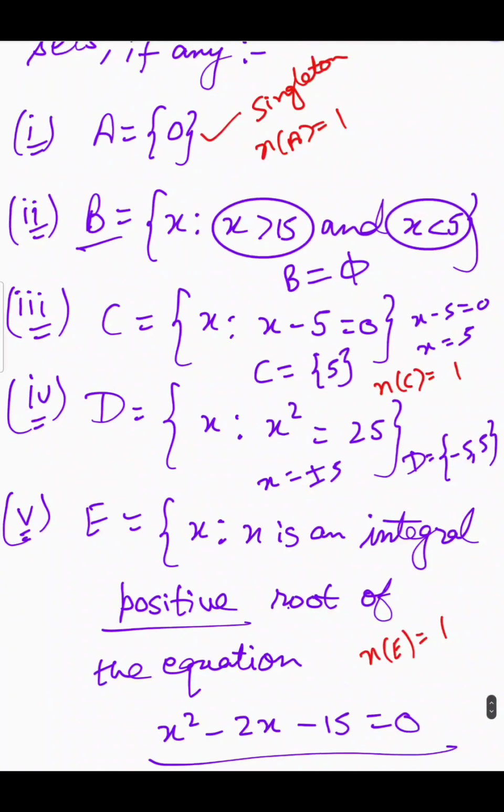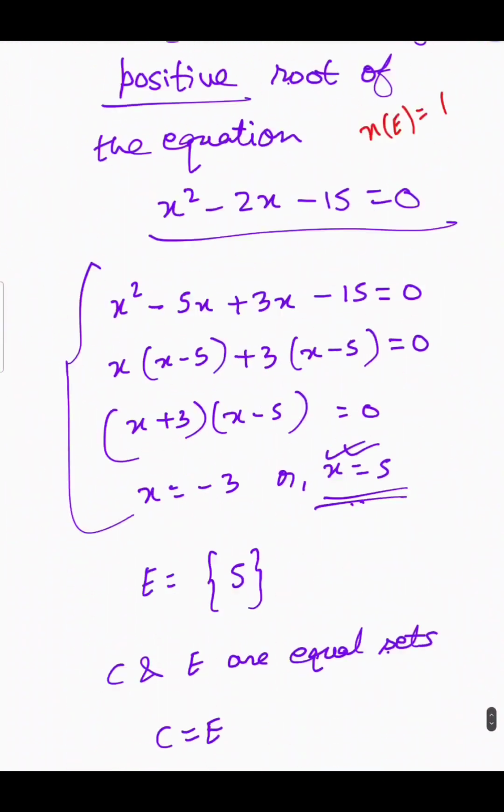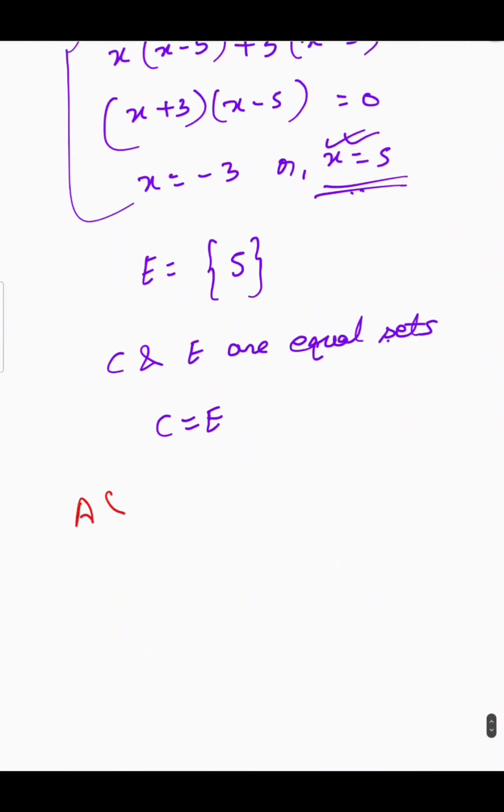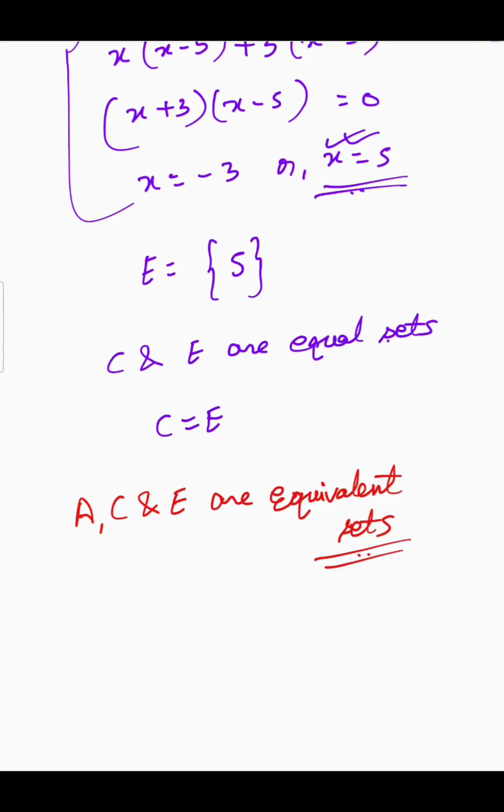That means A, C and E are equivalent sets. Okay, I hope that it is clear. Next question.